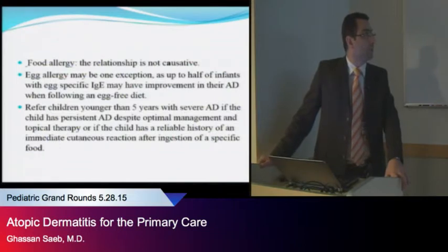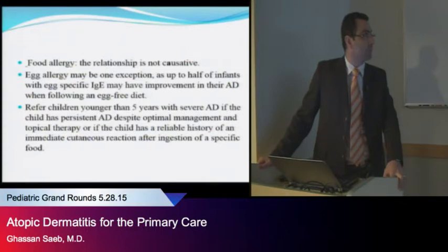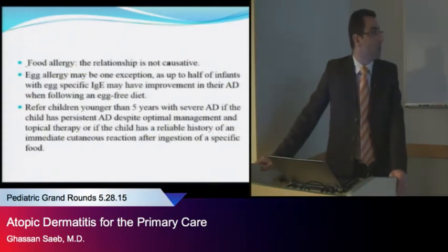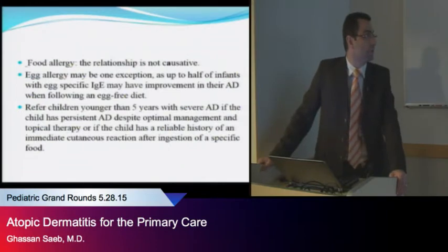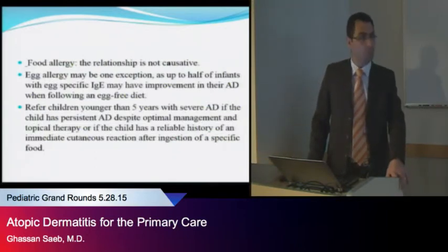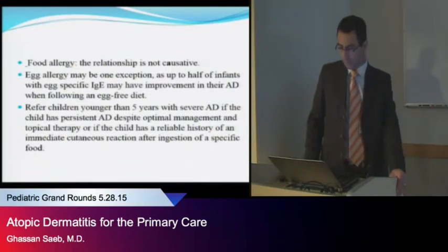We should refer children younger than 5 years of age with severe AD if the child has persistent AD despite optimal management and topical therapy, or if the child has a reliable history of an immediate cutaneous reaction after ingestion of a specific food. And we try to refer the patient to an allergist, immunologist, or dermatologist, but there was some problem with traveling and they could not do it.